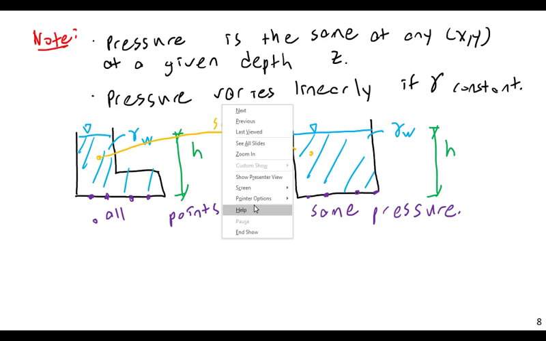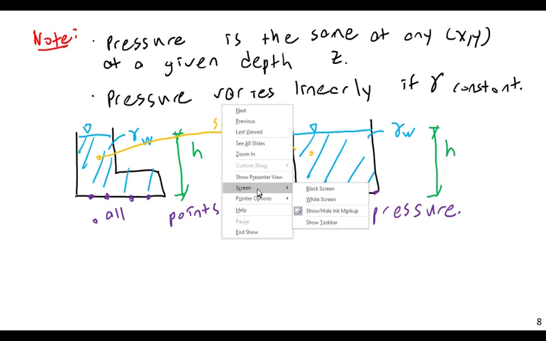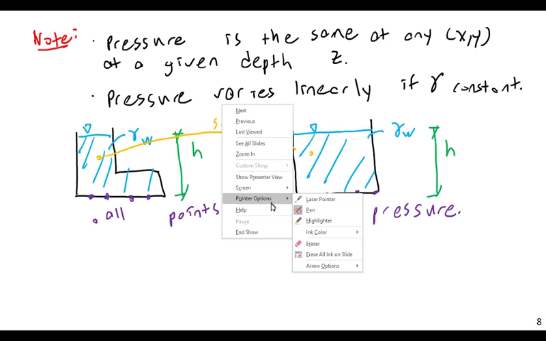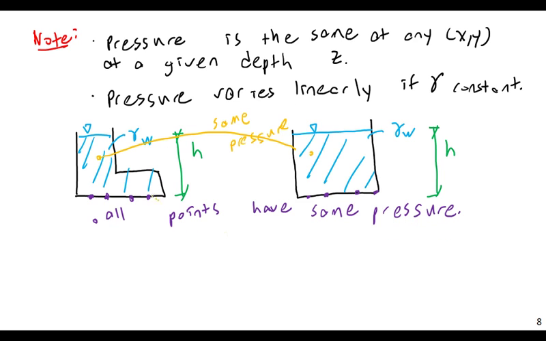Interestingly though, if you have different objects at different depths, physical objects, not just pressures at points, like different plates, they can experience different forces because they'll have different cross-sectional areas. If we're looking purely at pressures though, the pressures will be the same.